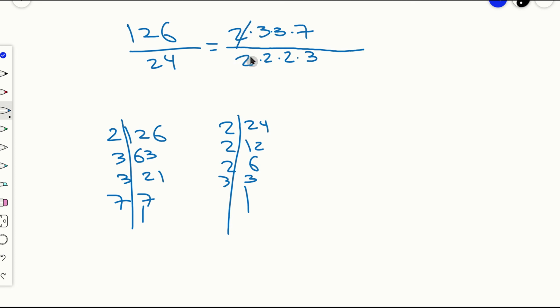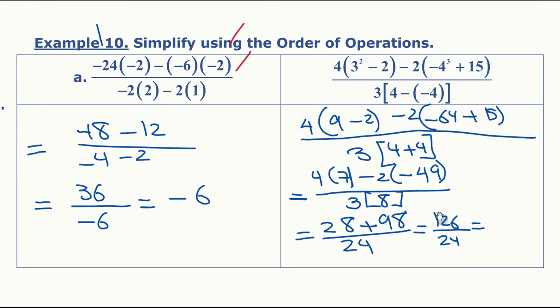And these two. And we know that we can cancel that 3 and that 3. And that should be it. So we end up with 21 over 4. And that's all we have to do for that one. All right, so here we can say 21 over 4.